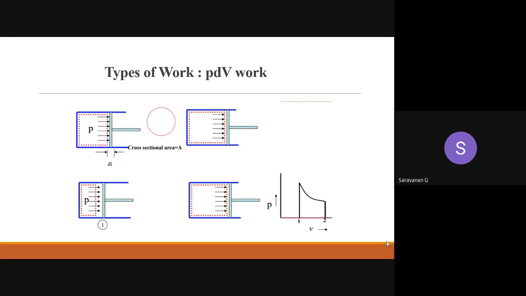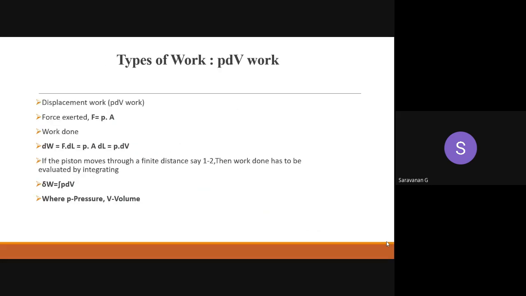The area under that pressure volume curve is known as PdV work done, the work W. So W can be given between the limits 1 and 2, with change in volume V1 to V2 corresponding to the pressure application. The entire piston displacement work is known as PdV work, otherwise known as displacement work.